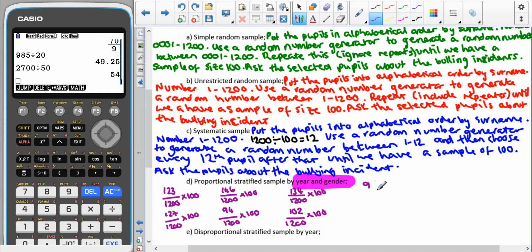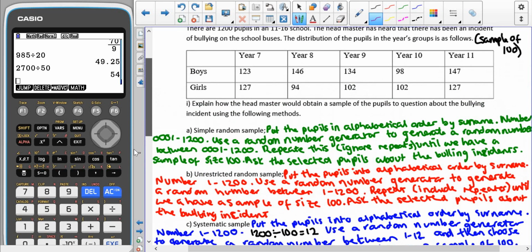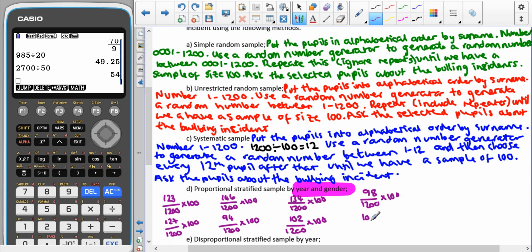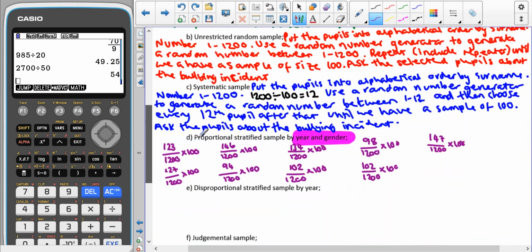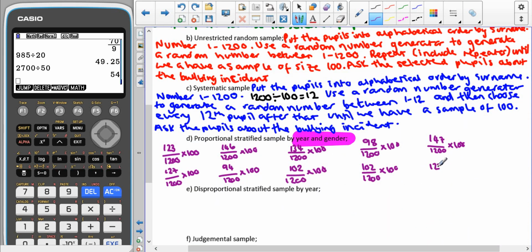So then we have 98 divided by 1,200 times 100, 102 divided by 1,200 times 100, and then 147 divided by 1,200 times 100, and 127 divided by 1,200 times 100.